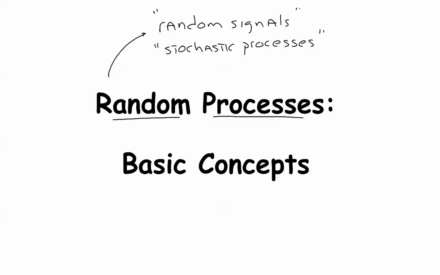Okay. So what's a random process? A random process essentially for us is going to be a random variable that is a function of time.